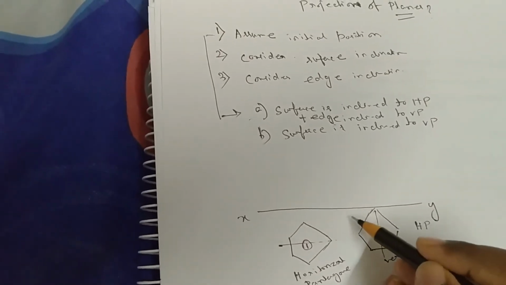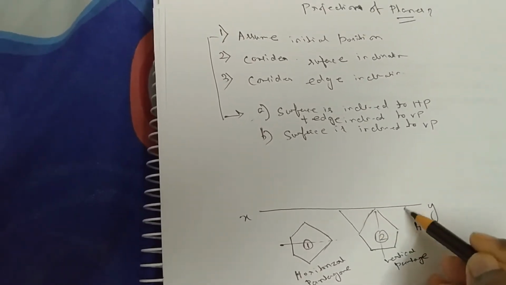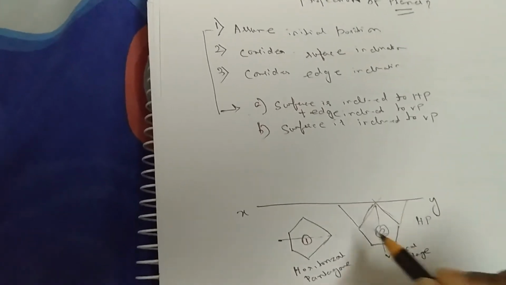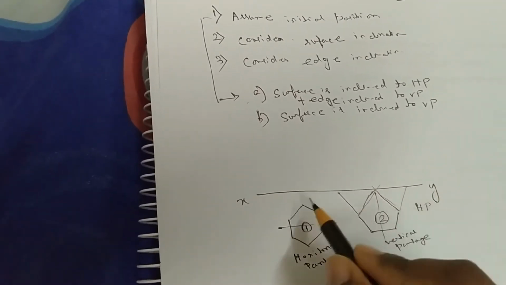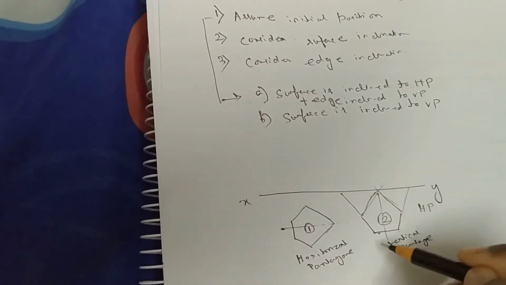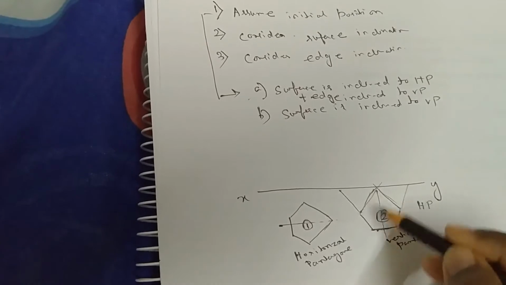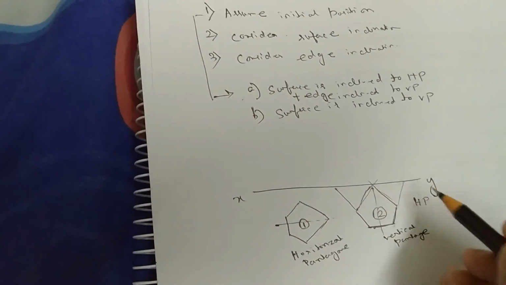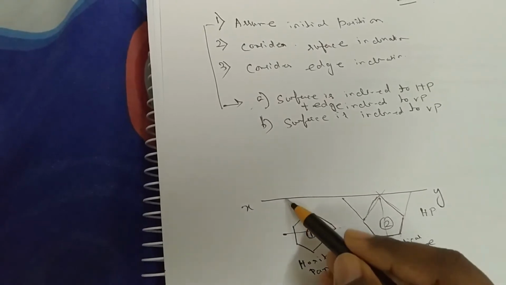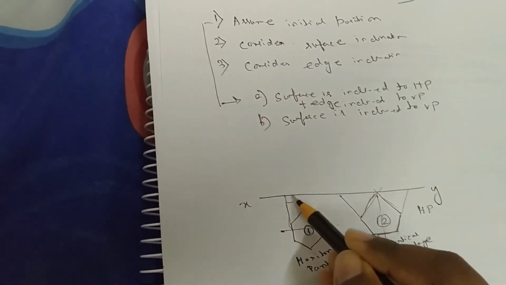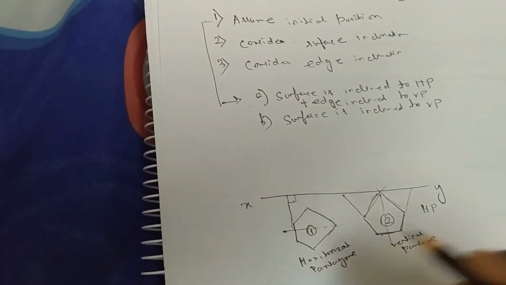In this case, none of the angles is making 90 degrees with the plane. This side is obviously parallel, and the other side also makes an angle, but not 90 degrees. But in this case you can see this edge is making a 90-degree angle.